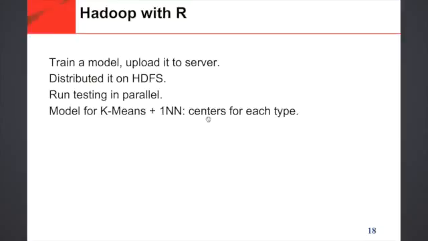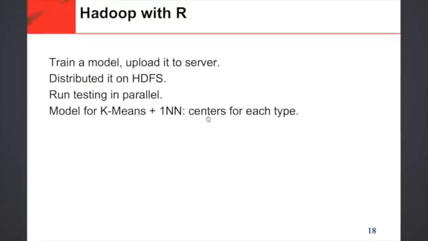So for our model, I choose to implement the k-means and nearest neighbor on Hadoop. What I did is to find the centers of each type. Here I choose k to be 5. So for each kind of attack, there are 5 centers for this attack.